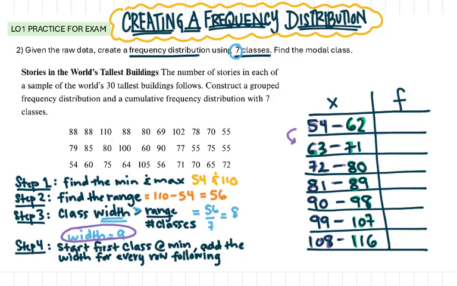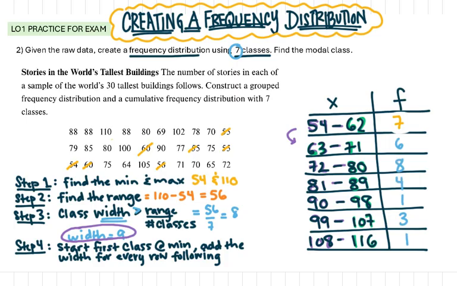So between 54 and 62, that's 1, 2, and 3, 4, 5, 6. So there would be 6 in there. You may have noticed I missed 1, so let's change that. Actually, it's 7. So you can continue for each category and when you do that, you should get the following numbers.